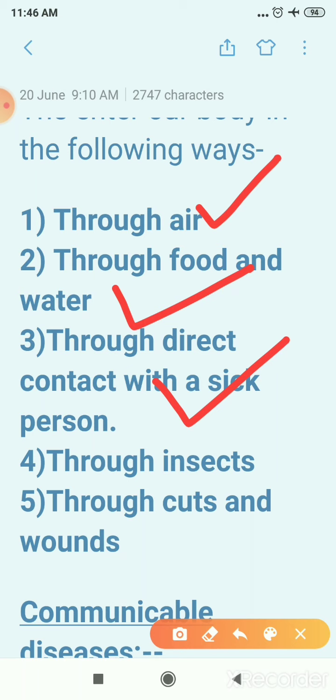Through insects. How do microbes enter our body through insects? They can enter through mosquitoes. Female Anopheles mosquito carries the malaria germ.